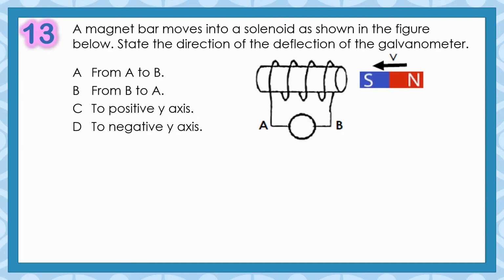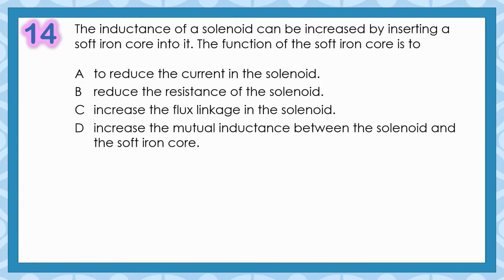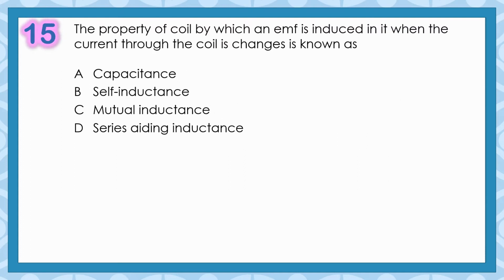For question number 13, a bar magnet moves into a solenoid as shown in the figure below. State the direction of the deflection of the galvanometer. For question number 14, the inductance of a solenoid can be increased by inserting a soft iron core into it. The function of the soft iron core is to? Question number 15.